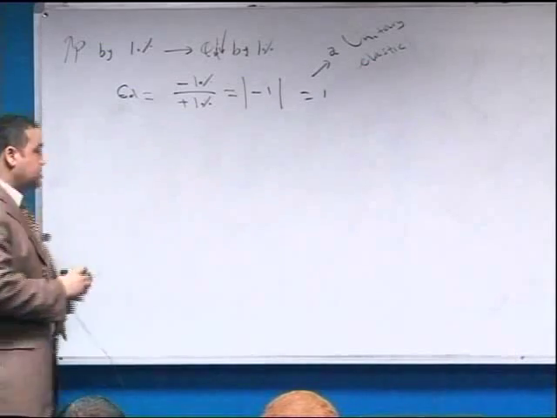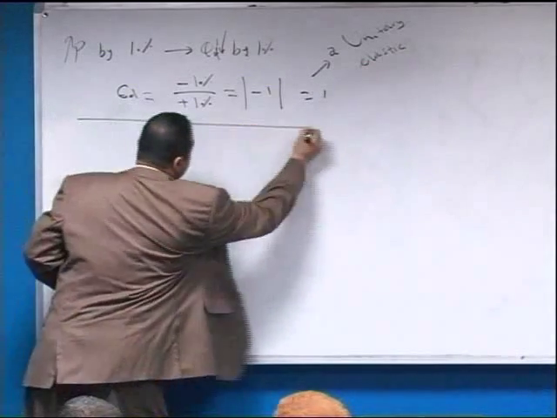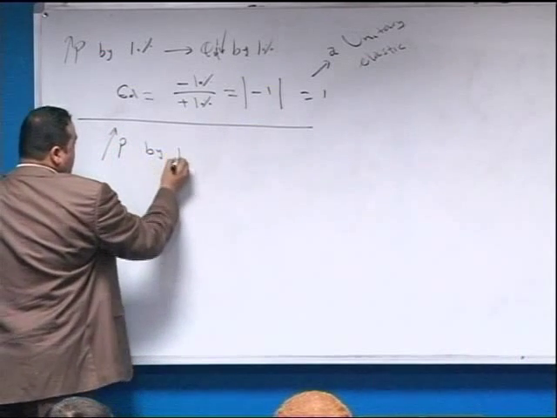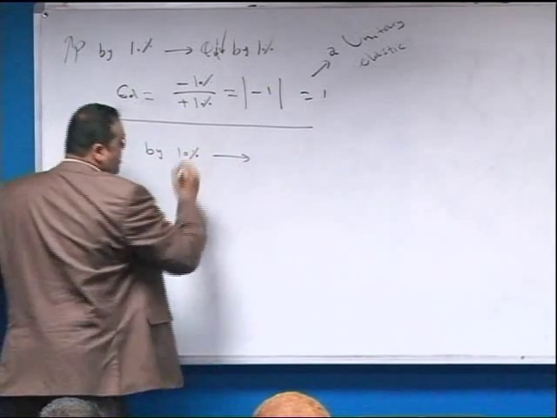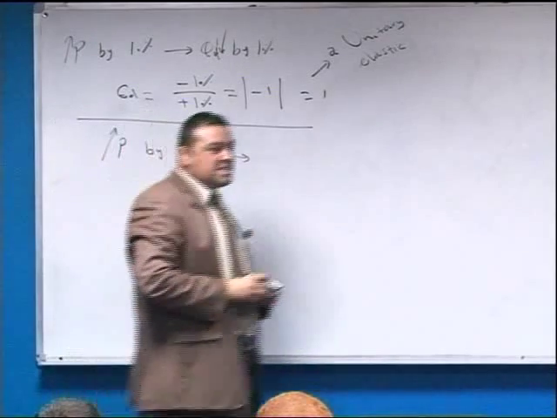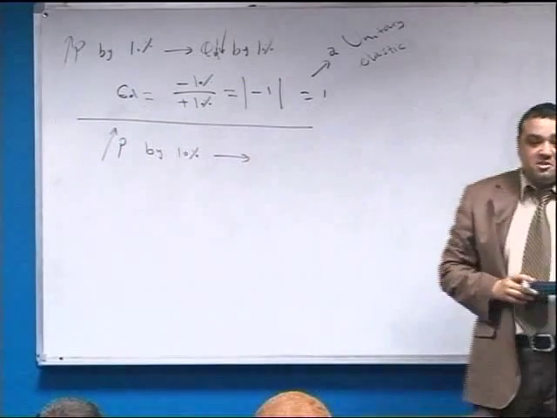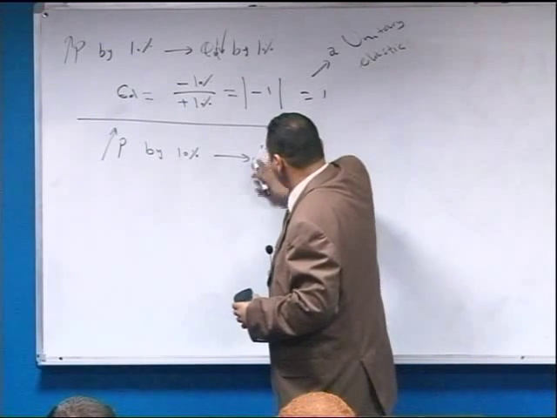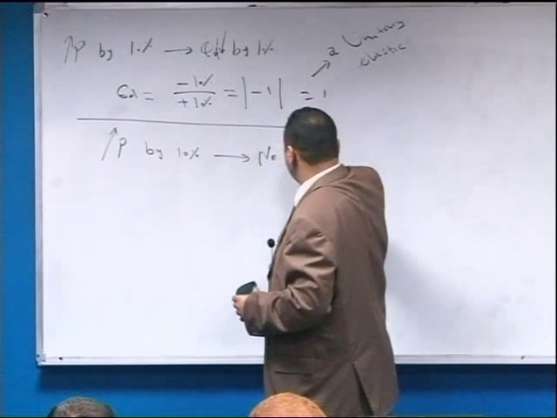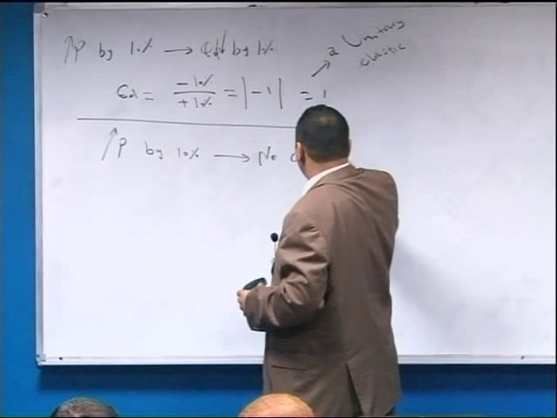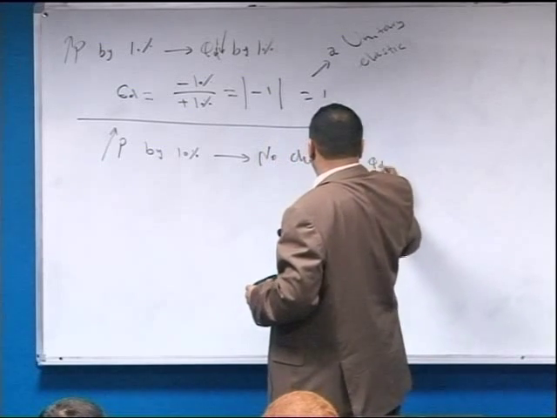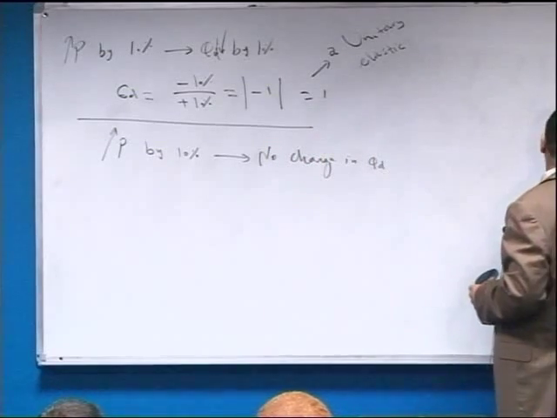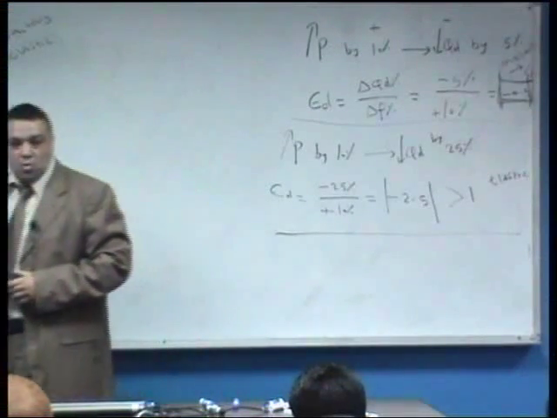If the price increased by 10% and there is no change in the quantity demanded, no change, and delta QD percent equals 0.